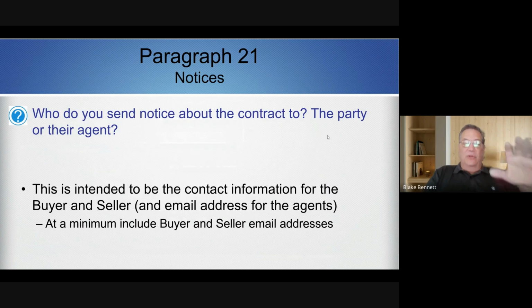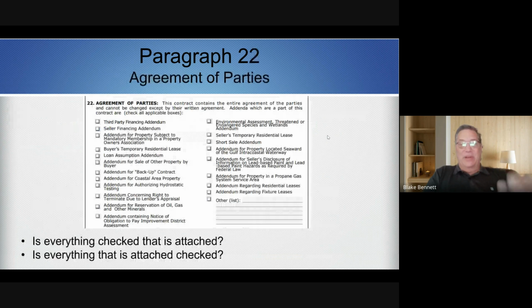At a minimum, include the buyer and seller email addresses as part of the notices. That's good practice. Again, you're taking on additional risk. You have to ask yourself if it's worth that risk. Make sure, paragraph 22, make sure everything that's checked is attached and everything that's attached is checked.